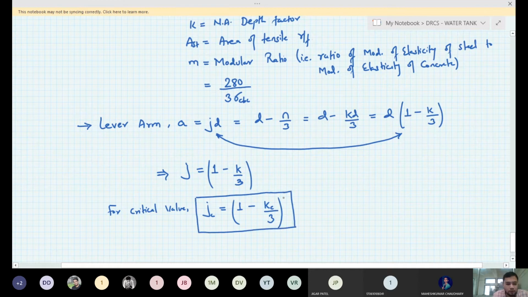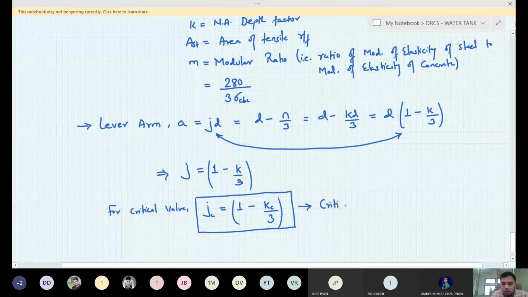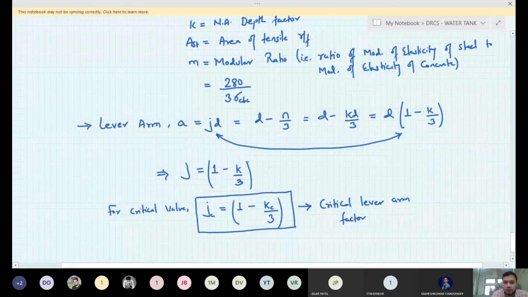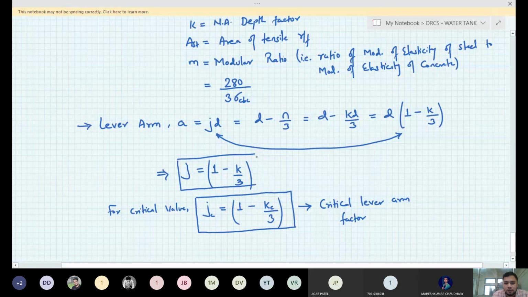Again, you have to remember this formula also. So this is nothing but the critical lever arm factor.